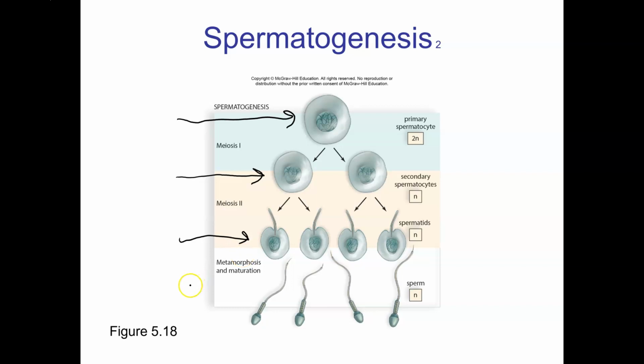This helps them produce that elongated tail that they need, and the acrosomal cap that will protect them so that they can survive the acidic environment of the vaginal canal. They can swim all the way to the female egg, or the oocyte, which is going to be found within the fallopian tubes.